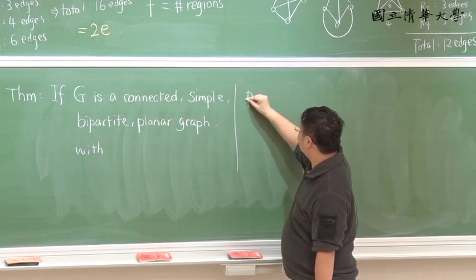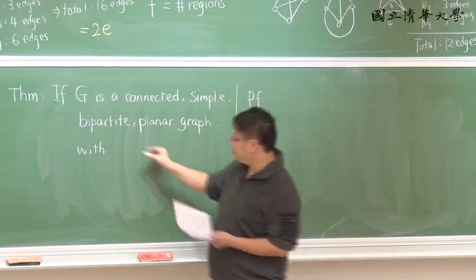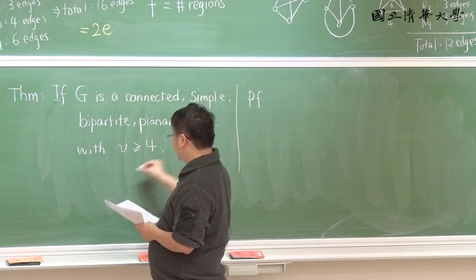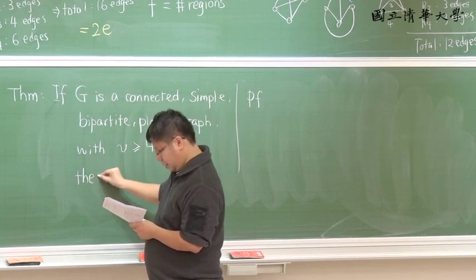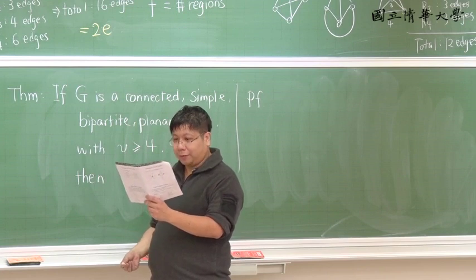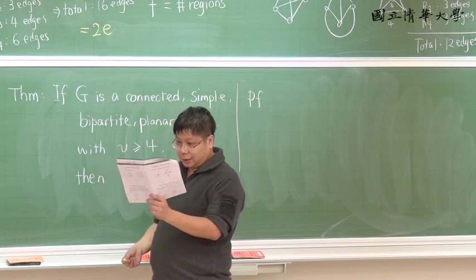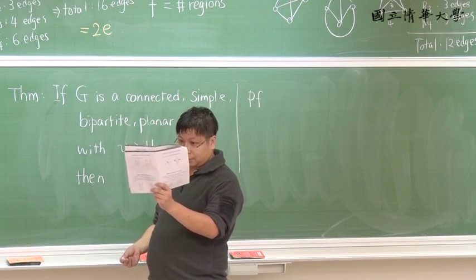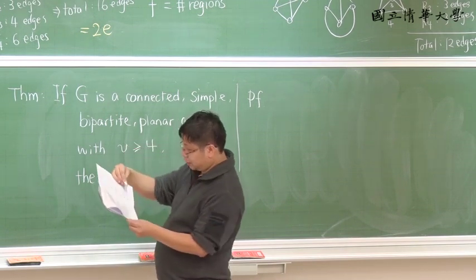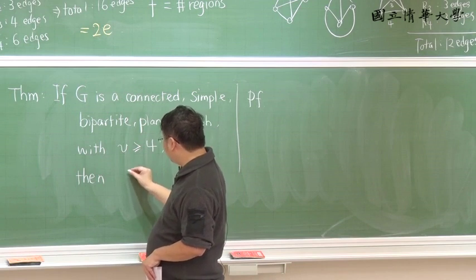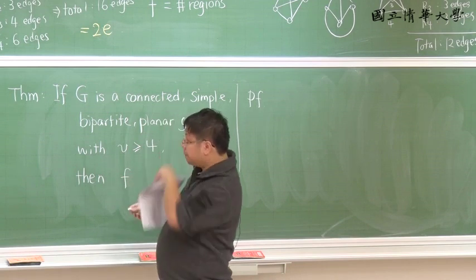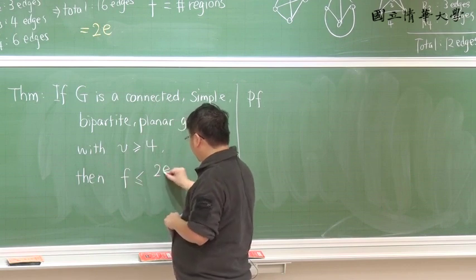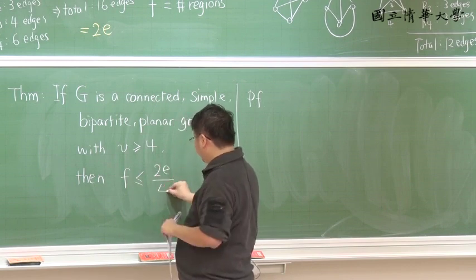Okay, so the proof here is, let's say this time V is greater than or equal to 4, then we must have F less than or equal to 2E divided by 4.